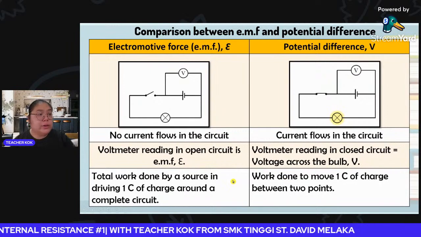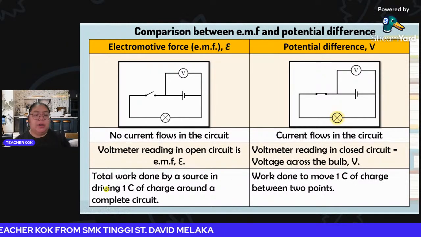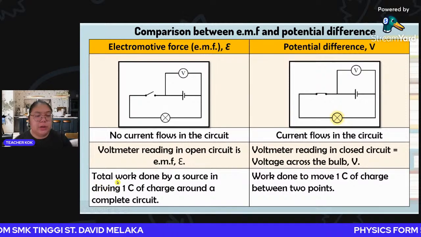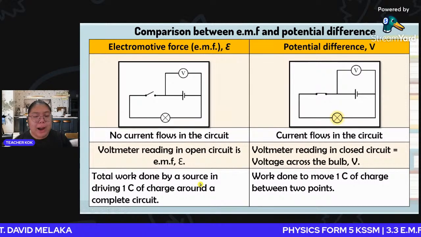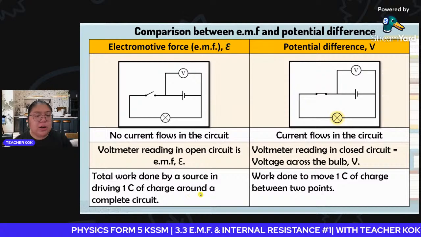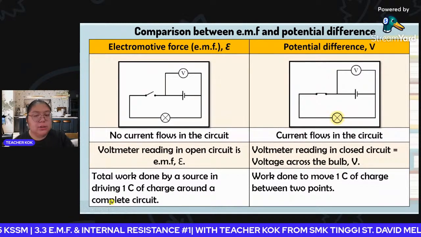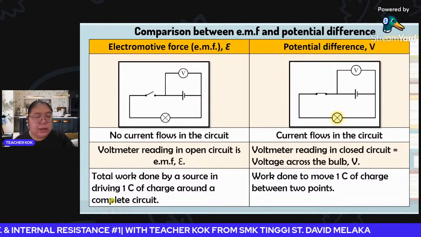Okay, third one, what's the difference? It's the definition. Let's see the definition for the EMF. Total work done by a source in driving 1 coulomb of the charge around a complete circuit. They mention the source and the complete circuit.